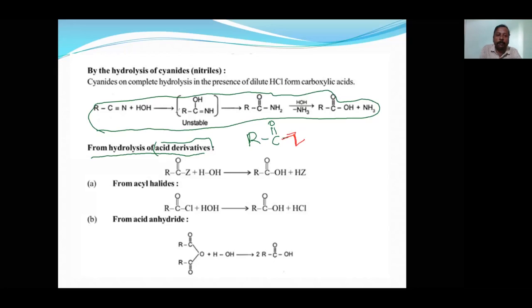After replacing with the other group, whatever I get is all because of carboxylic acid only. That is why this is called an acid derivative. It is derived from that, so that is called the derivative.